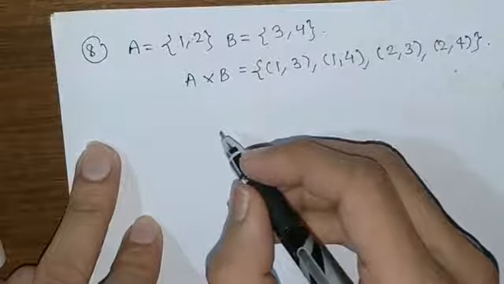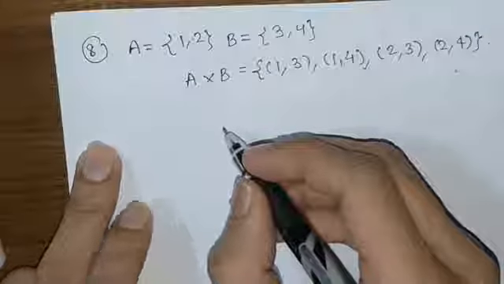How many subsets will A Cartesian product B have?